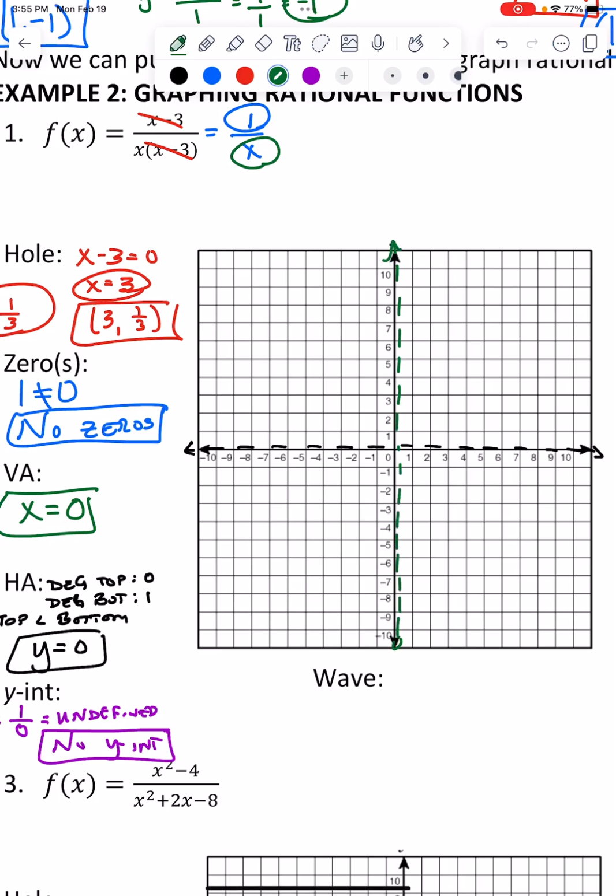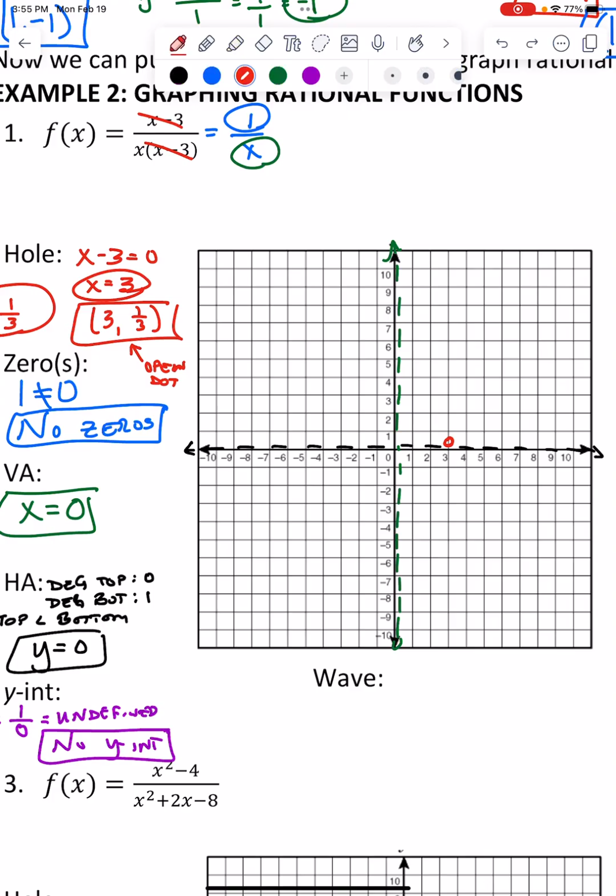Okay, no zeros to put on there, and then we've got a hole at (3, 1/3). So 3, and then up a third somewhere in there. Open dot, remember, because it's a hole. Now if we look, again, we've got a hole up here in that quadrant. So there's going to be a branch in that quadrant.